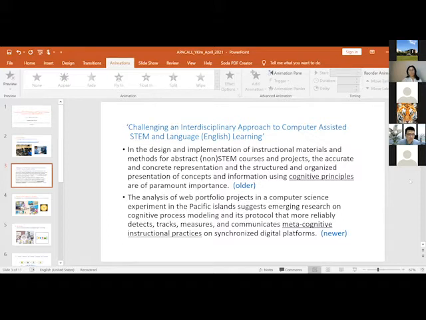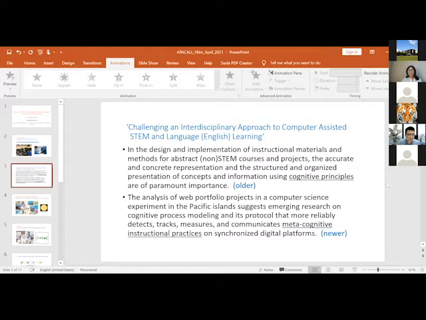The accurate and concrete representation and the structured and organized presentation of concepts and information using cognitive principles are very important. And the second step was that I had to conduct, implement, and also analyze the web portfolio projects in a computer science experiment in the Pacific Islands.